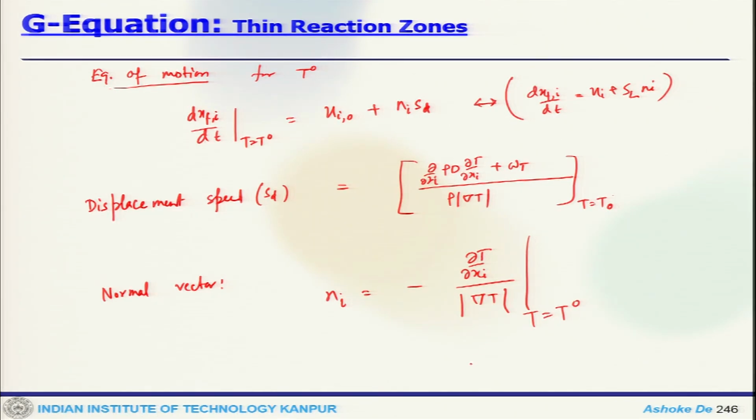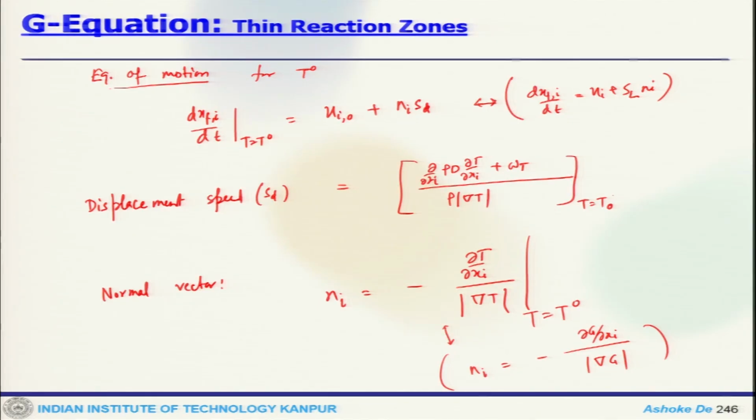Which is similar to what we saw, that Ni equals minus del G by del Xi divided by the magnitude of del G. So this is how we define it.